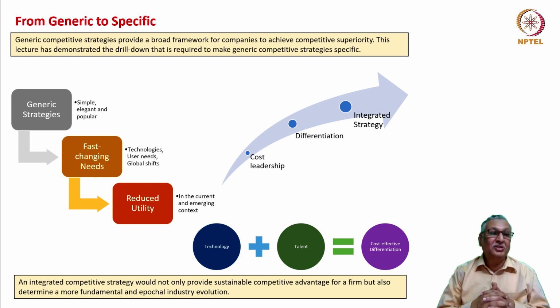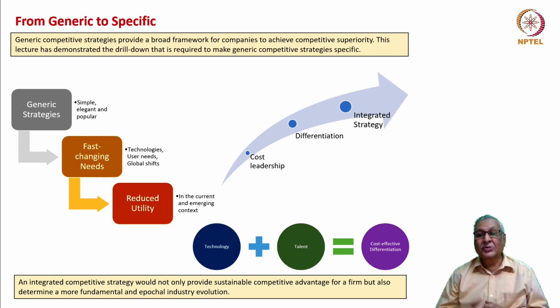I have demonstrated in this lecture the drill down that is required to make generic competitive strategies specific to the companies and special in the industries. Generic strategies are simple, elegant and popular, but technologies, user needs and global shifts are fast changing.